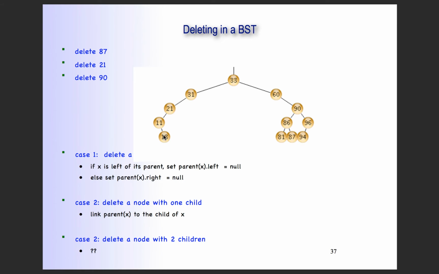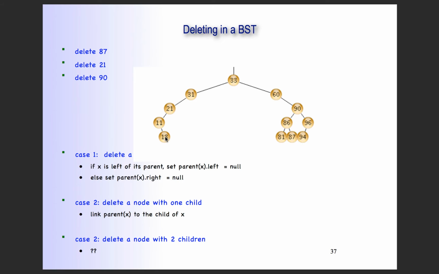For example, you want to delete 18. You just make 11.right equal to null, because 18 is the right child of 11. If 11.right equals null, that means you have deleted 18. There is no more link to 18, so it would be treated as garbage and removed from memory.